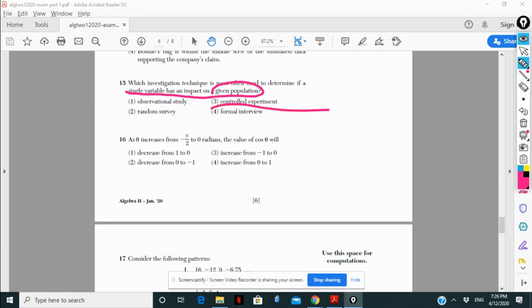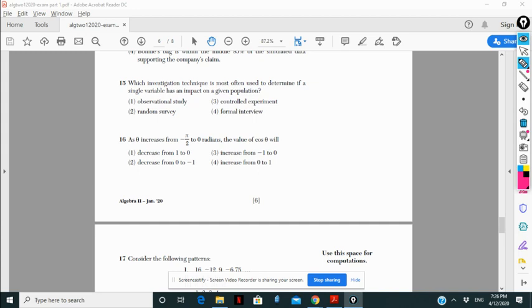That means it should be a controlled experiment, because if it's affecting all the population, it's okay to make it a survey. But when I need a certain specific population, I have to compare it to the other populations. So it should be a controlled experiment.